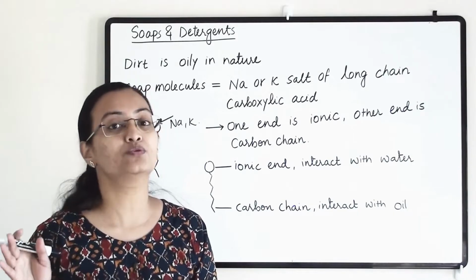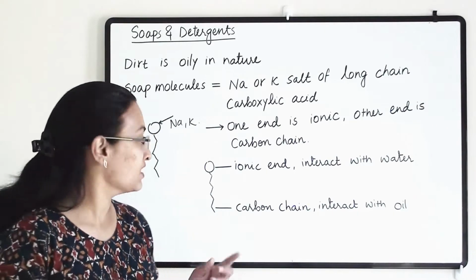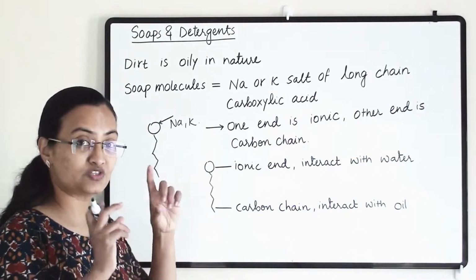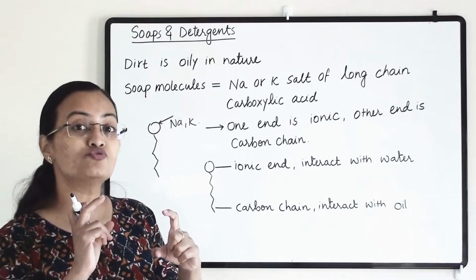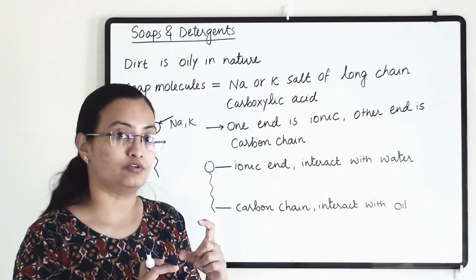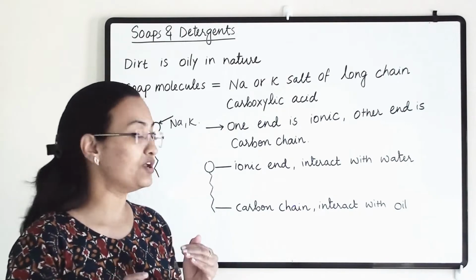They will interact with the oil because their nature is completely different from water. So this is the structure of the soap molecule, which is perfect, and which will interact with water and also with oil. So combined, it will form an emulsion when it goes into the water.